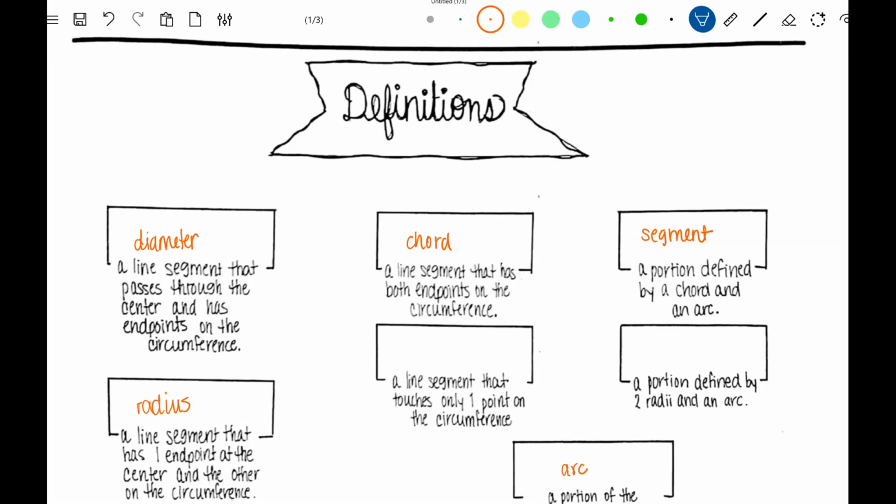Now this middle one here, we're going to change it a little bit, or add to it: a line segment that touches only one point on the circle and is not inside the circle. Because a radius only touches one point on the circle, but it's inside the circle.